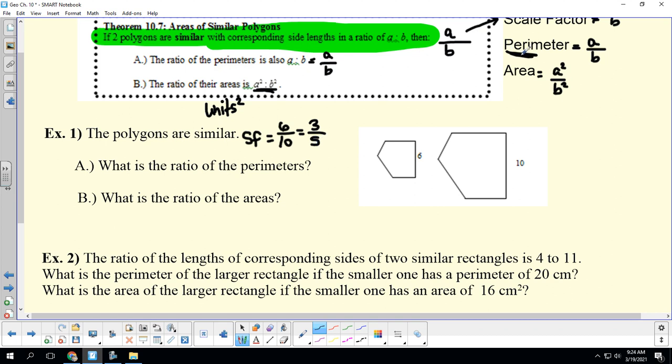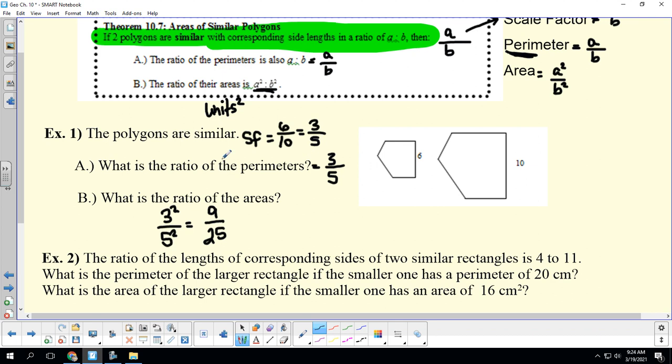The perimeter scale factor is exactly the same as the scale factor of the sides. And then the ratio of the areas is the ratio of the perimeters, but each one squared. And that's it. That's as hard as it gets.